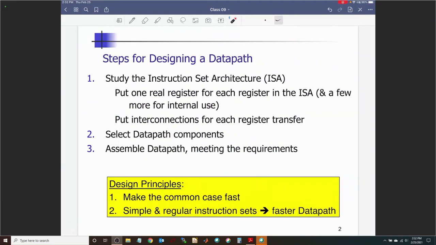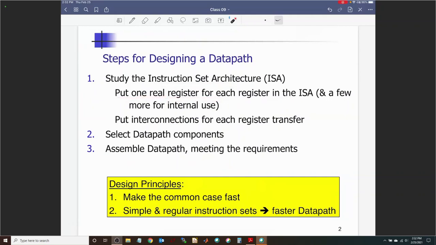So a few steps for designing a data path. Well, the first thing that we are going to have to refer to is the instruction set architecture itself, meaning what are the instructions, what are the formats, R type, I type, J type, are we limiting it to a smaller set of instructions or not? So all of those things we are going to need to explicitly think about, right? Put one real register for each register in the ISA.